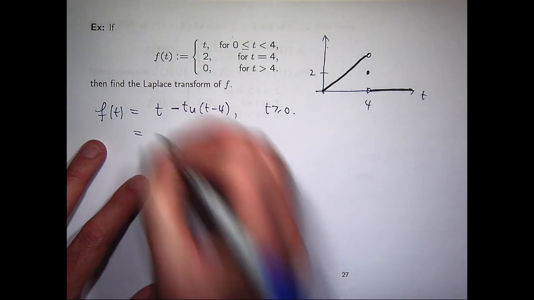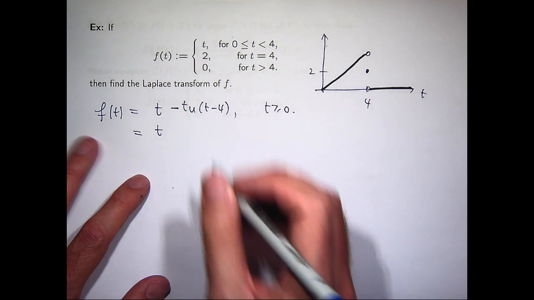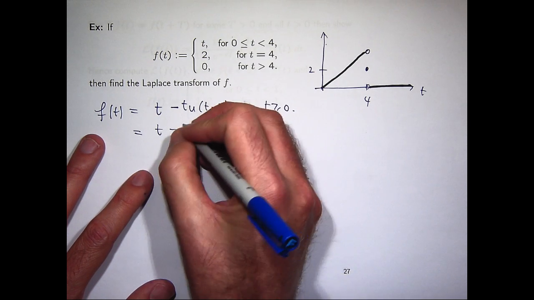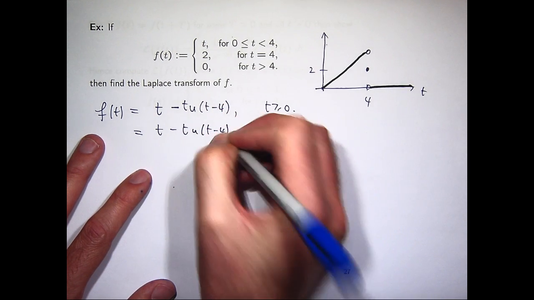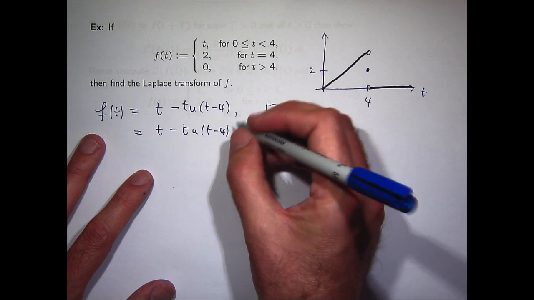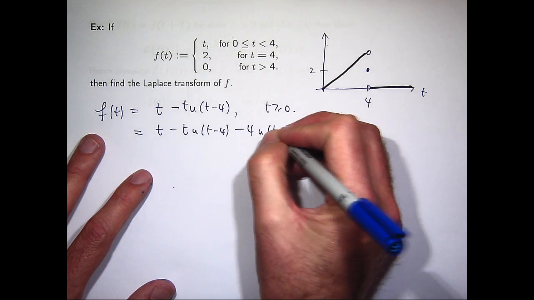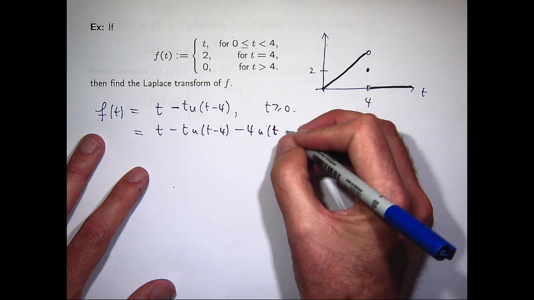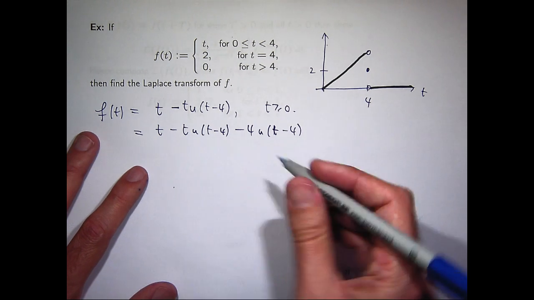So if I do the following, what I would like here is something like t minus 4 times the step function. So let's insert something and take something away.